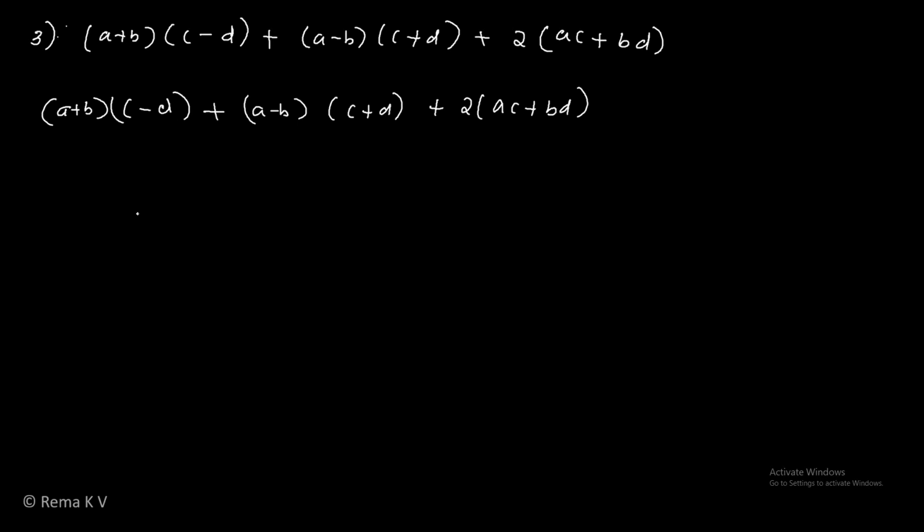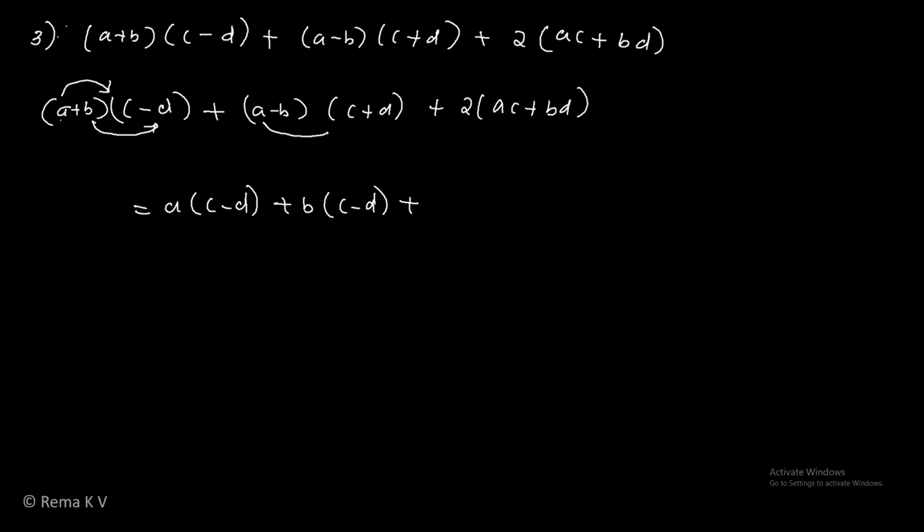So this is equal to, here the first term is a multiplied with the second bracket c − d. Now the second term is this b multiplied with this, plus b into c − d. Now here it is plus sign.